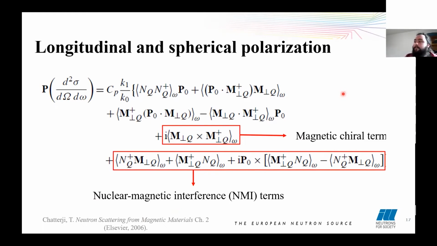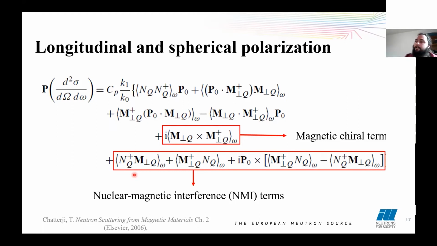So this is a case where to measure this, you absolutely need a triple axis instrument, which is the case for spherical polarimetry, because you can very nicely always align your polarization with your Q vector. But we also have this final term, which I actually find very interesting, which is the nuclear magnetic interference terms, or hybrid terms.